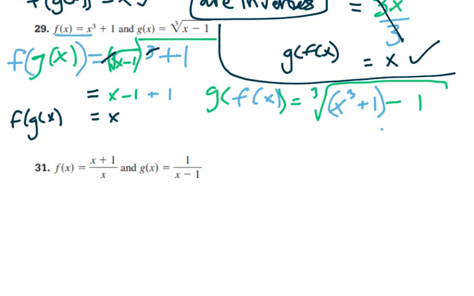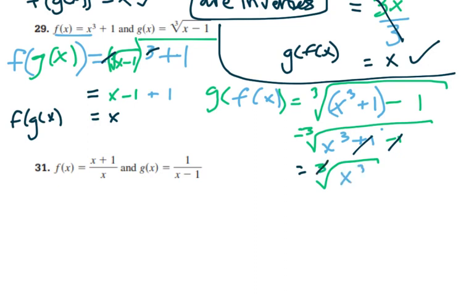Since it doesn't actually do anything to have those parentheses there, we still have the cube root, but now you can see that x cubed plus 1 will be subtracting 1, which will cancel. And then we'll be left with the cube root of x cubed, and of course the cube root and the cube will cancel, and so we're left with x as well for the other statement of g of f of x. And so we can say that since they both equal x, f and g are inverses.